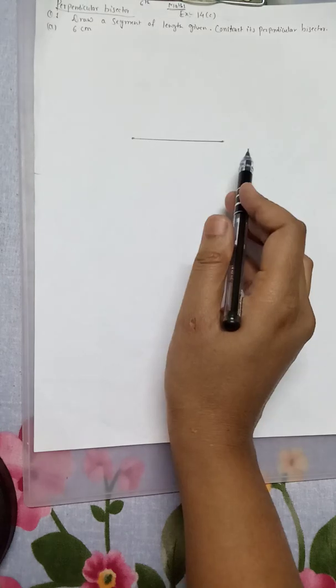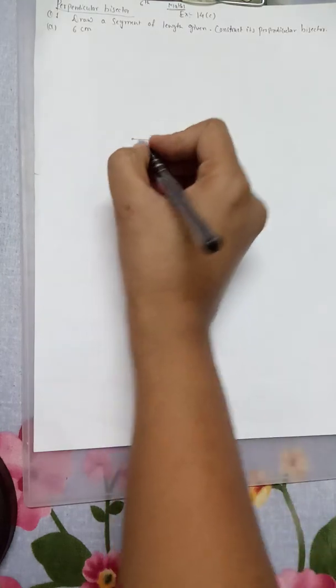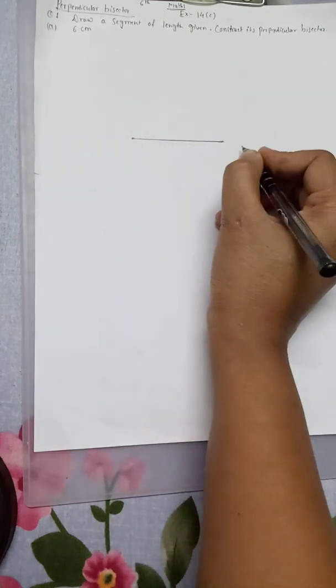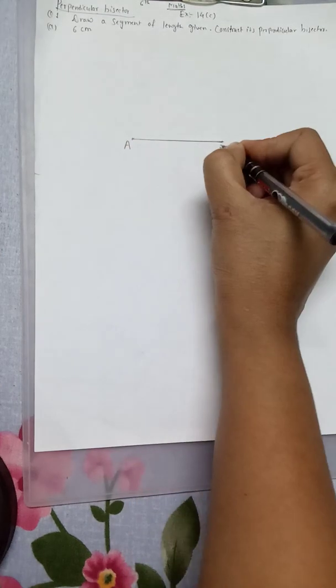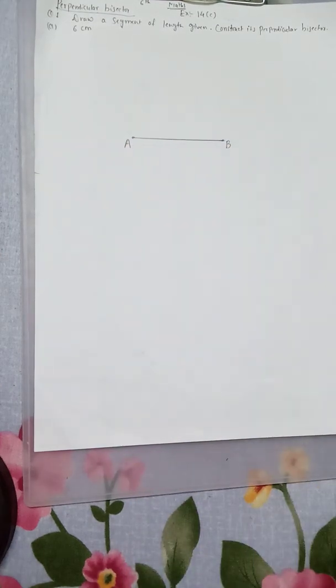Now I can give this line any name. This 6 centimeter line segment I have drawn, so I can name it A and B. Now I have to draw the perpendicular bisector of this line segment.